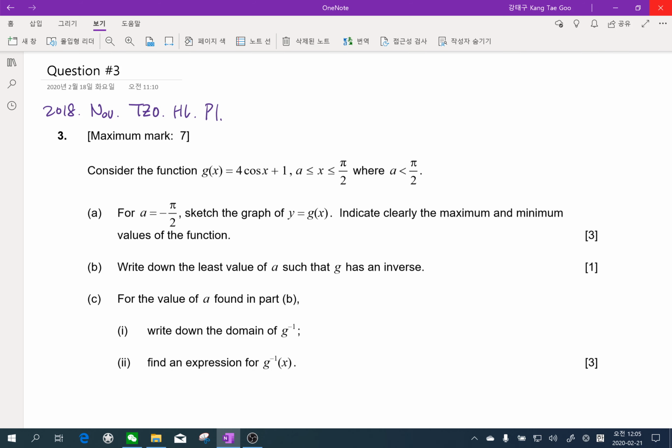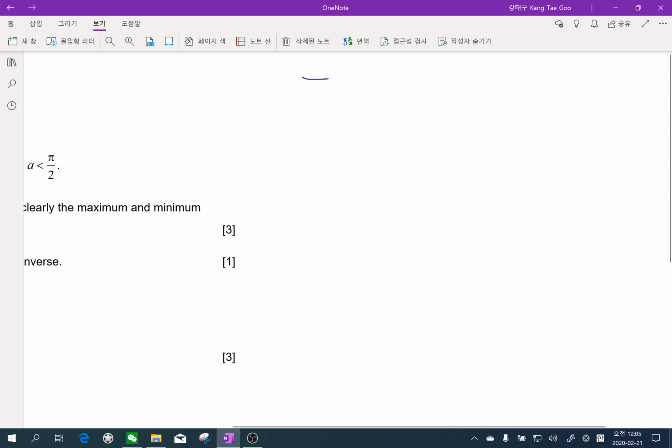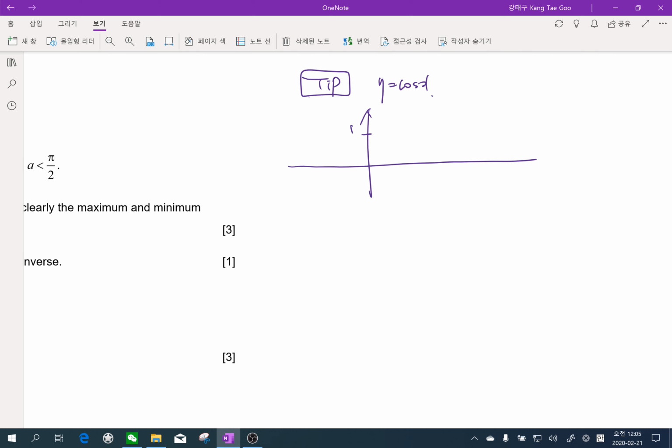Okay, I have a tip for this one. The y = cos x graph starts from 1 here, and the period is 2 pi. We divide this into 4 regions like this, and then we can draw the box.